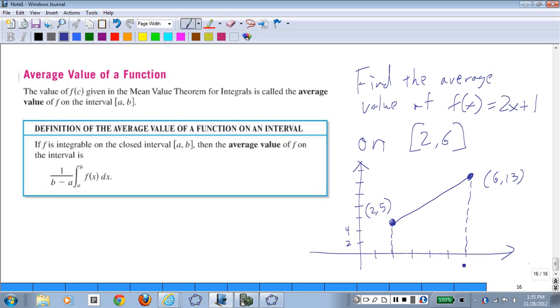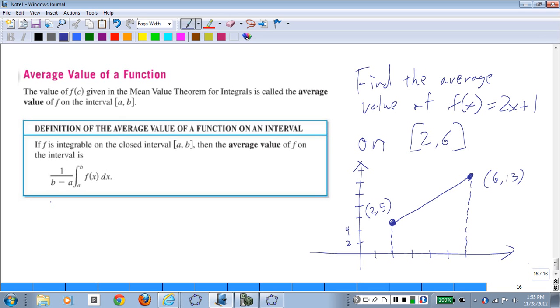So it's equal to 5 when it starts out, then it's equal to 13. So on average, it's equal to what? Is it going to be 9 on average? Let's hope so.